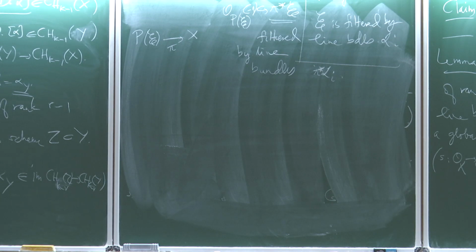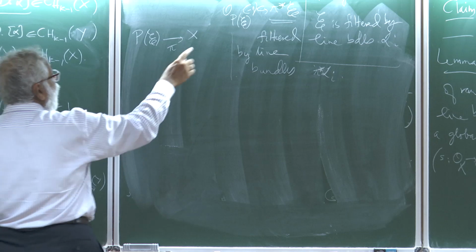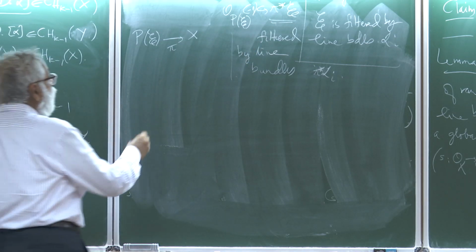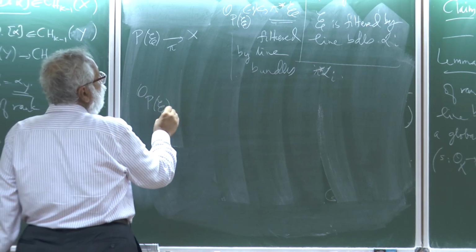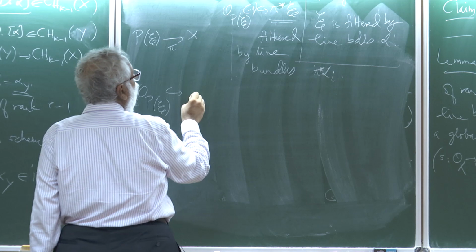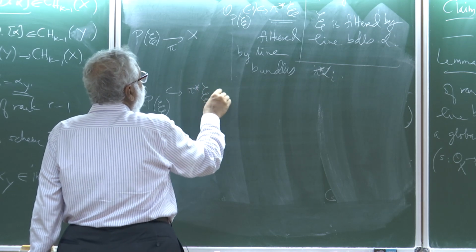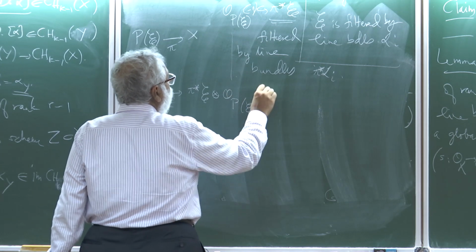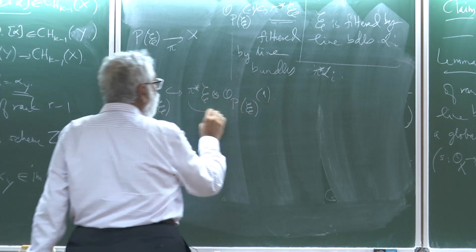E was filtered, pi upper star E of course is filtered. And I have this line subbundle. So what I do is I twist, and notice that O_P(E) sits inside pi upper star E tensor O_P(E)(1). Now this is also filtered by line bundles.